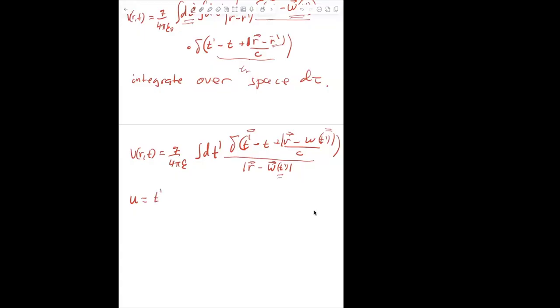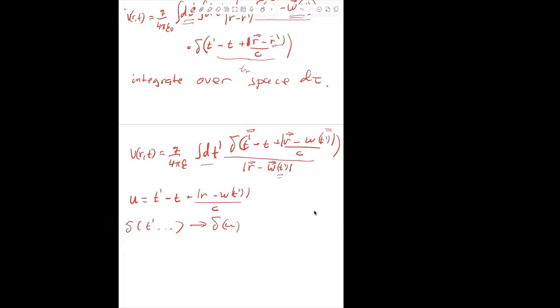It is t prime minus t plus |r minus w(t prime)| over c. Why do I do this? Because now the delta of t prime blah, blah, blah will go into delta of u.